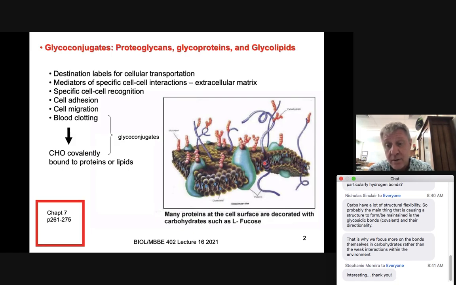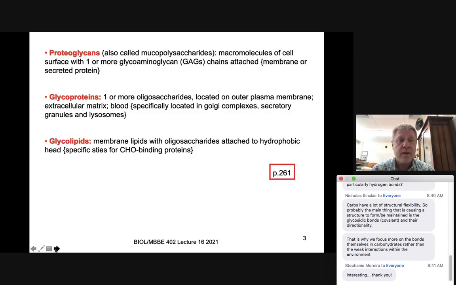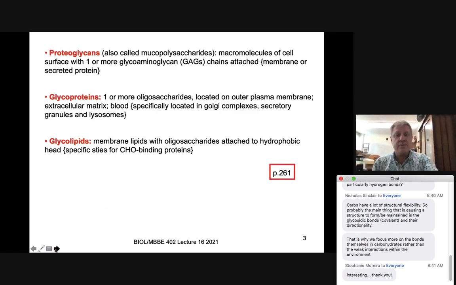We'll talk about that a little later on. And then there are going to be attachments in specific locations, positionings of these carbohydrates. And these carbohydrates are going to play a role in attracting things, which will then either be attracted or bind to them specifically. And we'll have a look at that actually today. So we have the proteoglycans, also called, in the older days, mucopolysaccharides.